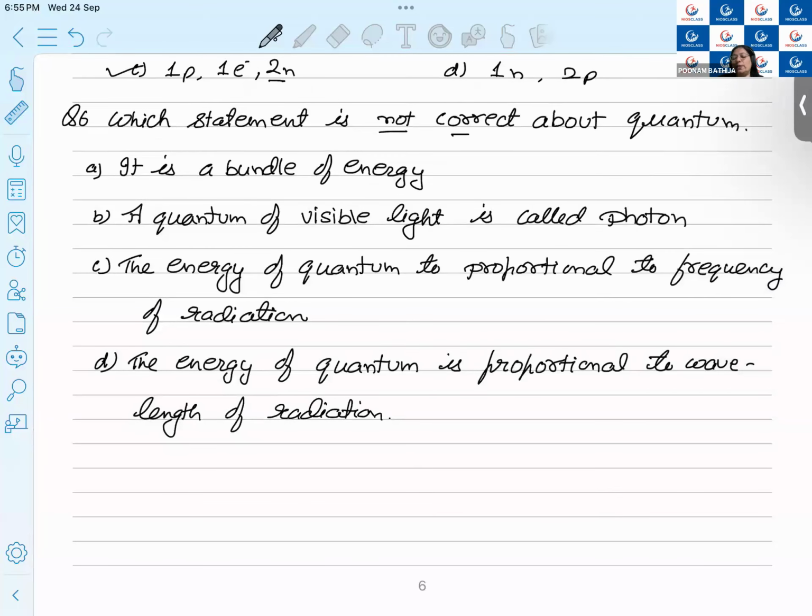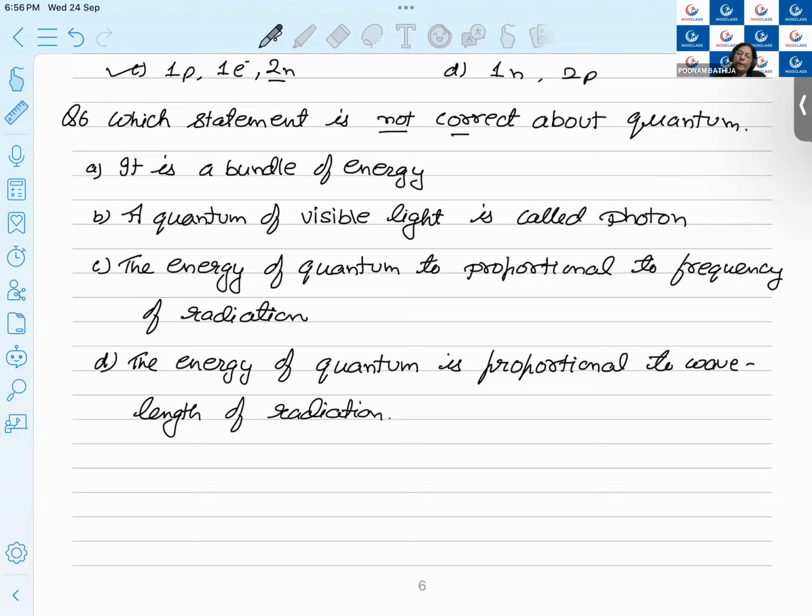Whenever such questions are given which have long statements in each option, you have to diagnose each and every option separately. It is a must to read all the options and then only mark the answer. Don't mark just by reading one or two statements; that means predicting the answer.